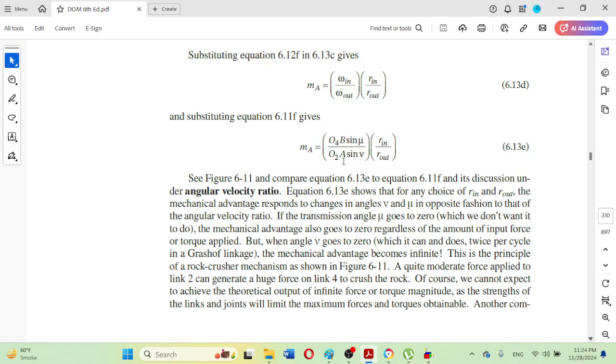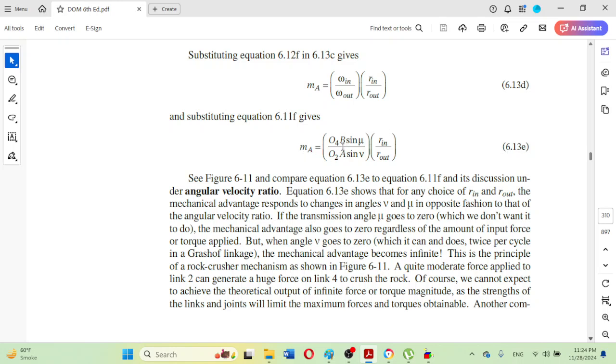So if the ratio O4b sine mu divided by O2a sine v increases, that means the angular velocity ratio is decreasing and mechanical advantage increases; if the angular velocity ratio increases, mechanical advantage decreases.